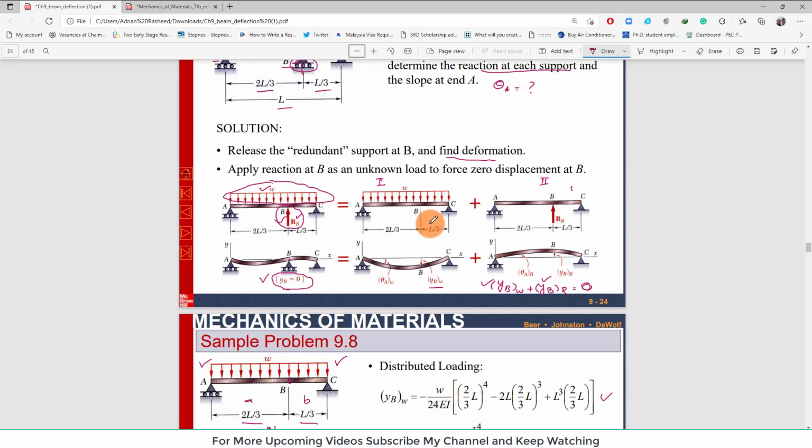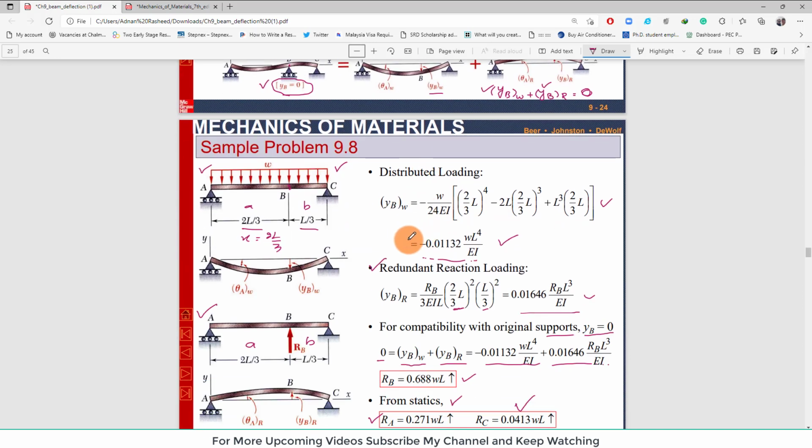Then we use the method of superposition. It was given that at point B there is a reaction roller support. So at point B the deflection is equal to 0. So the deflection due to loading 1 plus the deflection due to loading 2, their sum must be equal to 0. From that we get the reaction force at point B, clear.